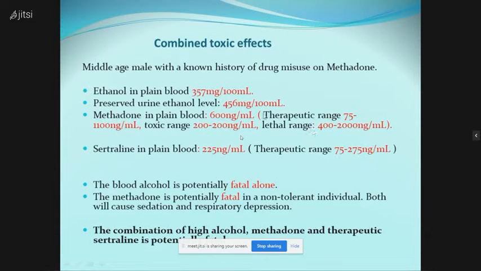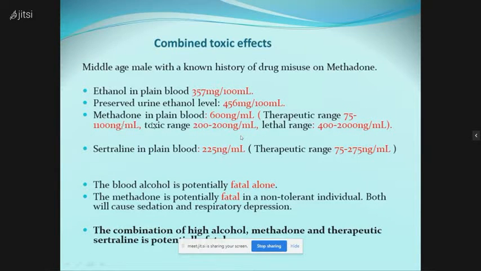You can see here the values. There's overlap between the lethal range and the toxic range, and also the therapeutic range for methadone. So the interpretation has to be accurate if you want to consider it as a cause of death.